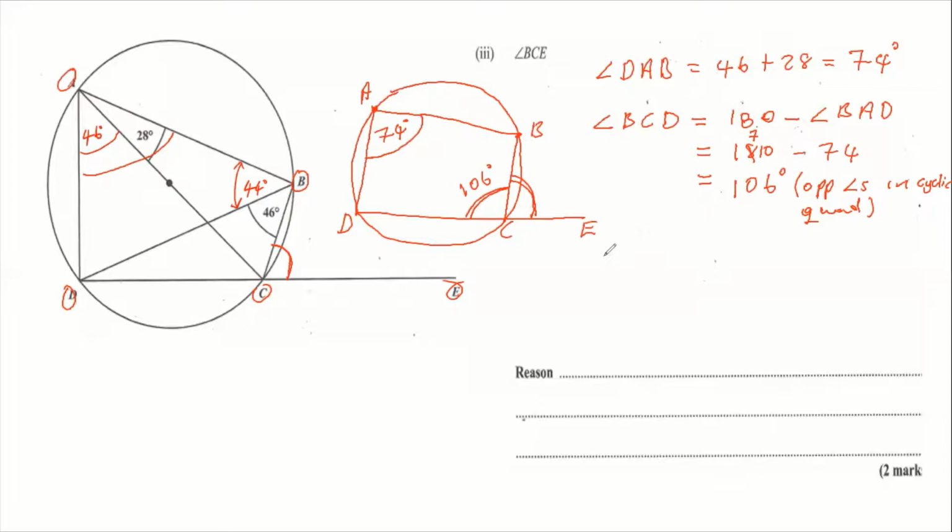So we know that angle BCE is therefore going to equal 180 degrees minus 106 degrees, which is going to give us 74 degrees.